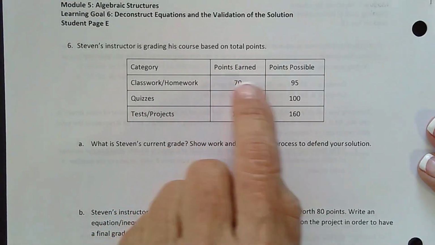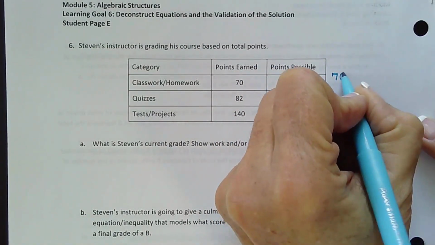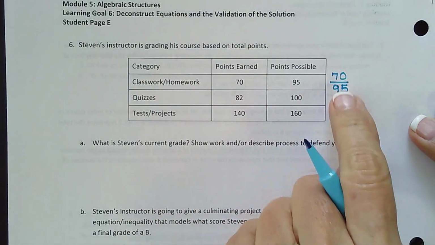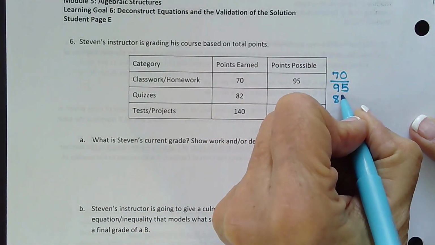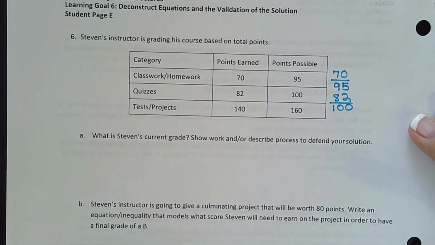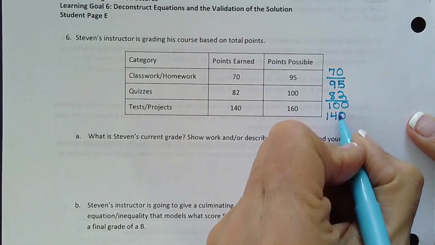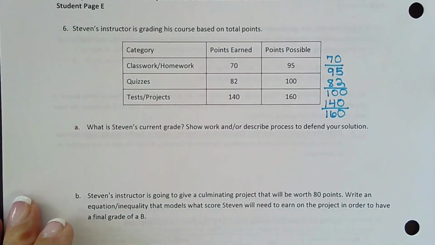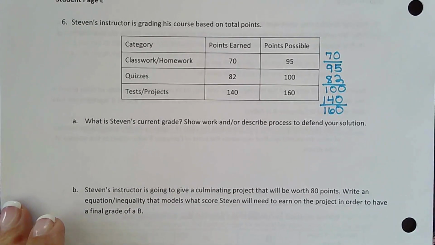So he has 70 out of 95, and hopefully you understand that means this, just like when you get a grade on a test, he has 70 points out of a possible 95. Here he has 82 out of 100, so we already know his quiz average. His quiz average is 82%. And then the test average is 140 over 160. So think about how we could find out what his grade is right now.